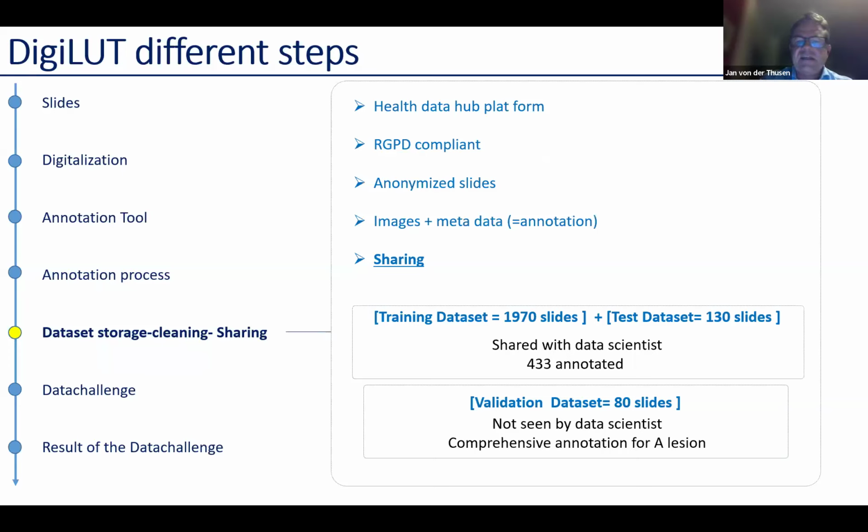And then eventually, these annotated data were uploaded onto a health data platform, and the slides were anonymized, and they were shared with the companies and the research groups which were taking part in the challenge.